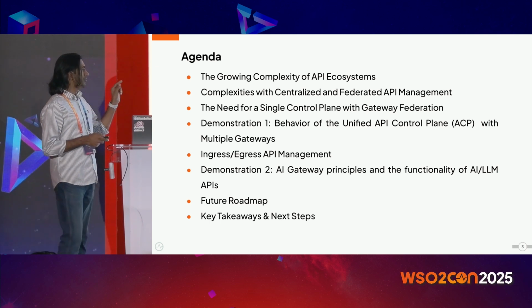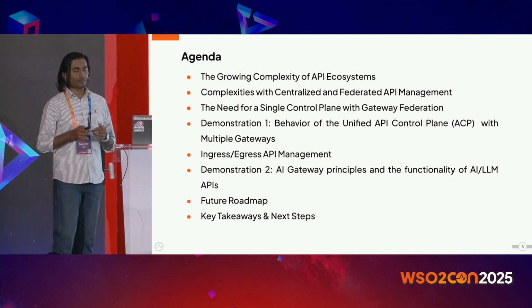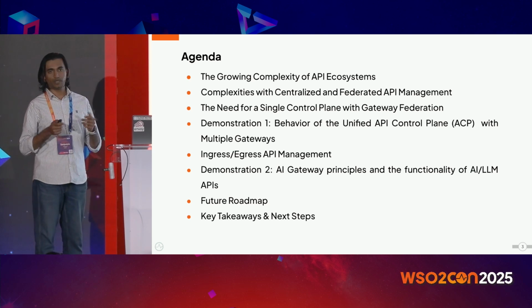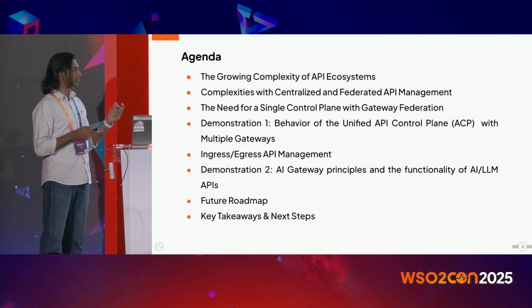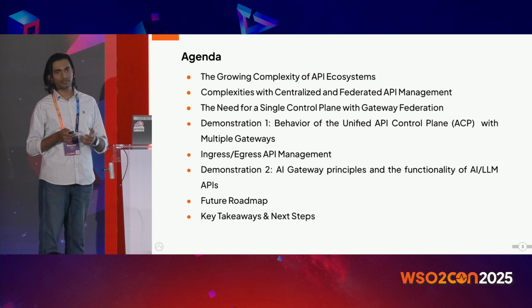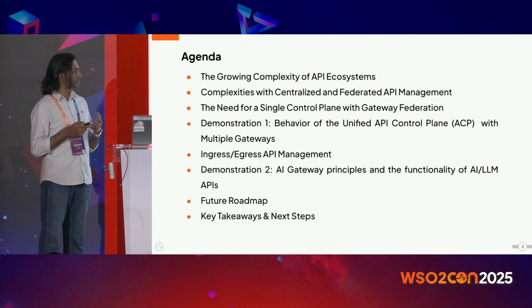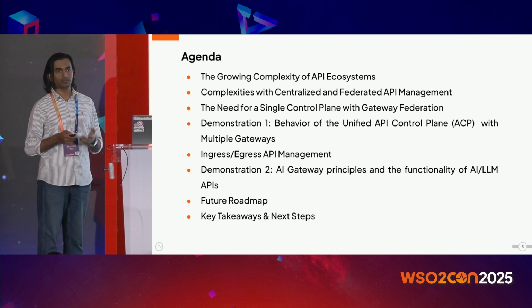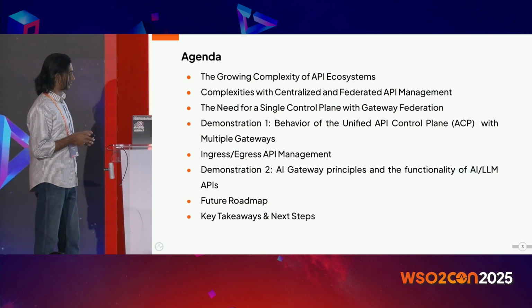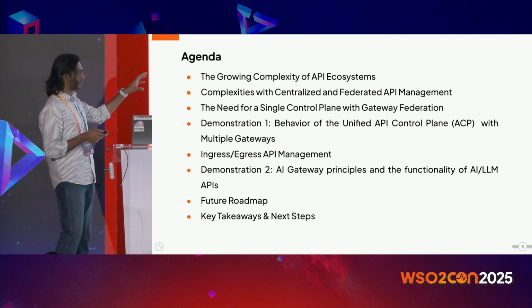Then we will discuss Ingress and Egress API management. We all know about Ingress API management. Egress API management is quite popular these days due to the growth of AI and LLM APIs mainly, as well as other cloud services. We'll discuss both of these.